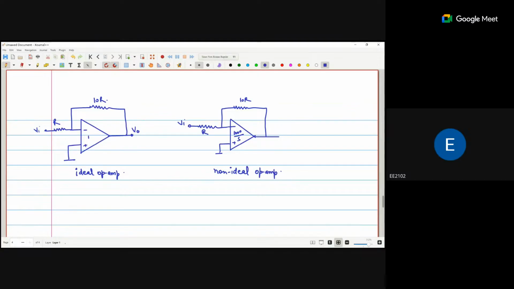Yes, what is the transfer function in the non-ideal op amp?